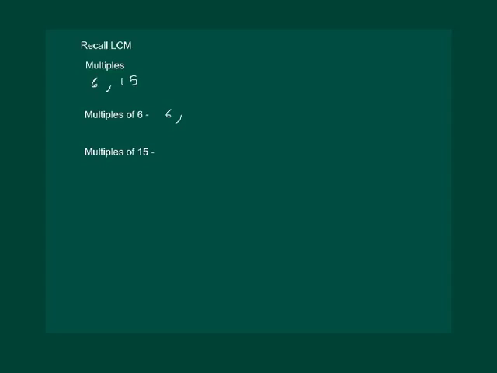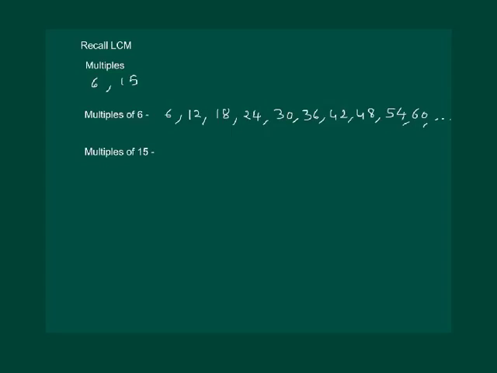6 into 2, 12, 6 into 3, 18, 6 into 4, 24, 6 into 5, 30, 6 into 6, 36, 42, 48, 54, 60, and so on.